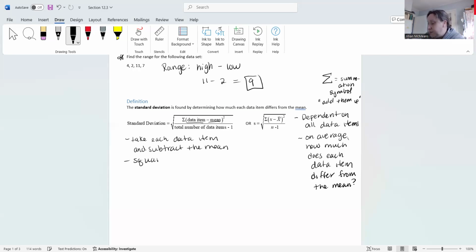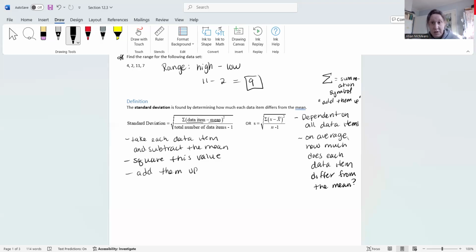Square this value. Add them all up. That's what that summation symbol is for. All right, so that's kind of the first big step. So you do have to start by calculating the mean of your data set. And then one at a time, you're going to take your data item, subtract your mean, and square the result.